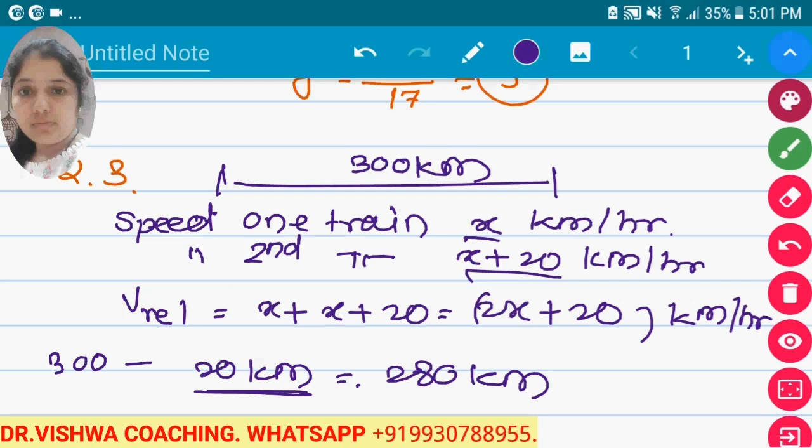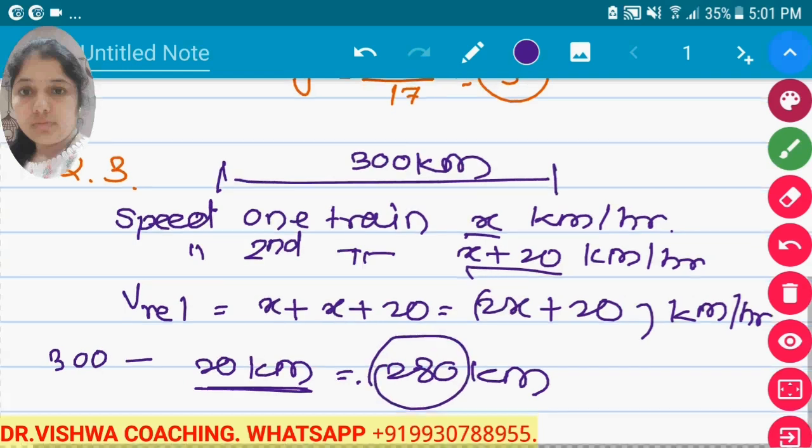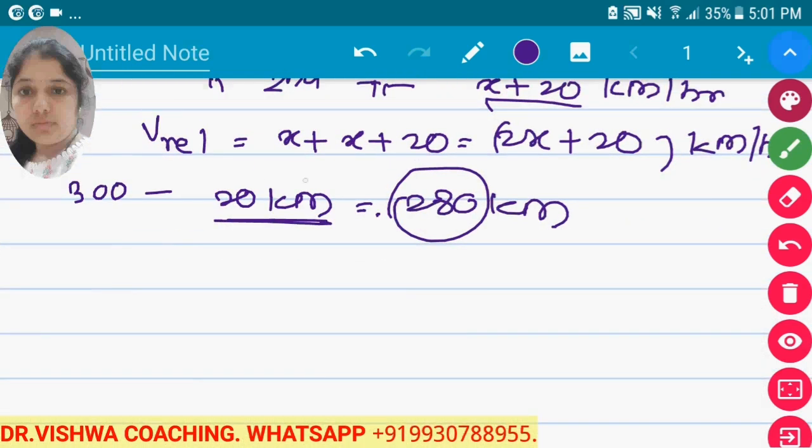Okay, one moves to left, one moves to right. Previously the distance was 300 kilometer, now the distance is only 20 kilometer. So they run how much distance? 280 kilometer they run. In how much time? In 2 hours.